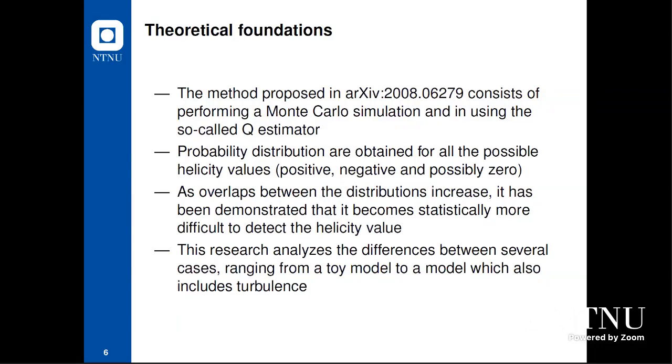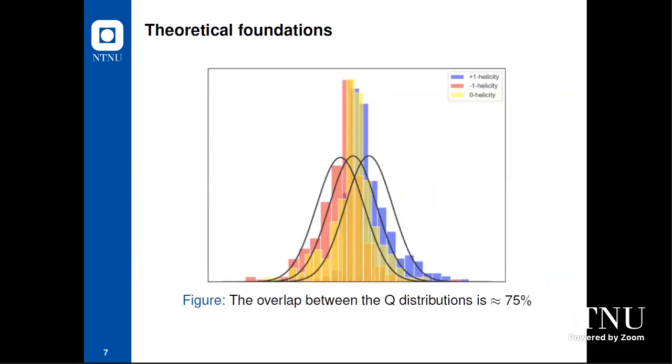So the idea of the machine learning part, okay, this is the distribution I was talking about. The blue bars are obtained for the positive helicity. So the idea is that the Q estimator is calculated many times, and the blue bars represent the values that have been obtained, so the values of the Q estimator that correspond to a positive helicity.